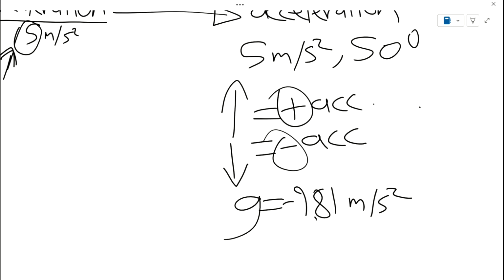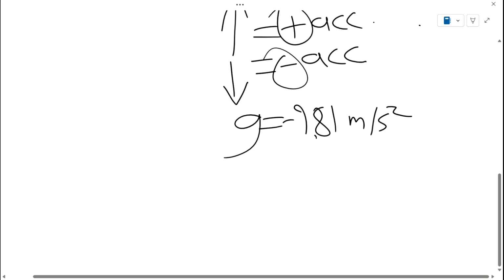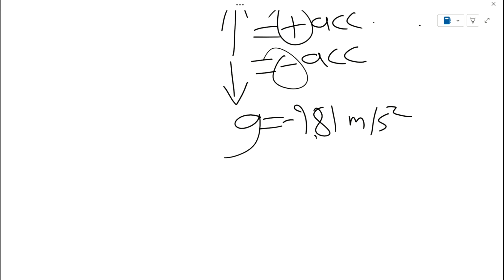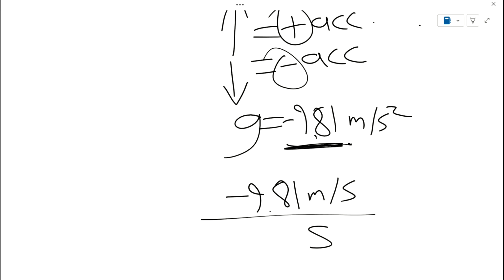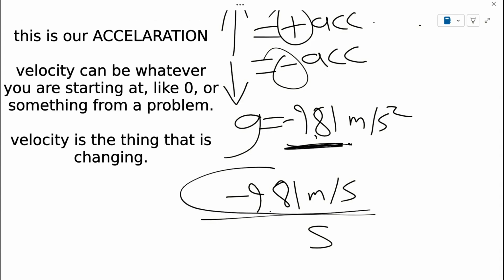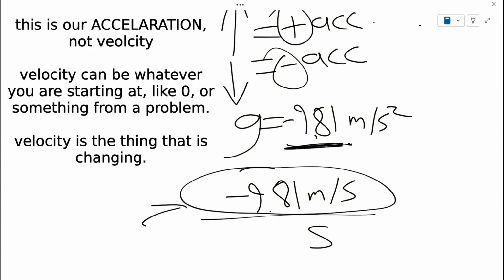Now what this means is simply that every second your velocity will be increasing downwards, or increasing in the negative direction, by 9.81 meters per second, because how we actually write this is negative 9.81 meters per second squared, meaning that this is our velocity, and it changes just by this much every 1 second.